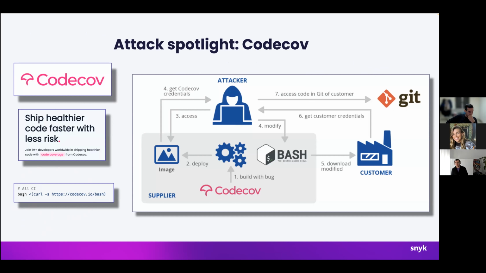CodeCov publishes a bash script on their website. The development team adds this kind of step in their CI. The script downloads into the CI environment, collects all the test statistics, and uploads them to CodeCov for later interrogation.